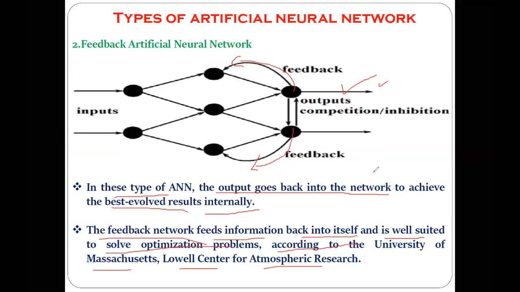Now this is exactly simulating human nature. If you want to learn something perfectly, what do we do? We get the training of that particular thing again and again. Understood? If you want to be perfect in a certain thing, then you learn that thing again and again. Is it the same case here?